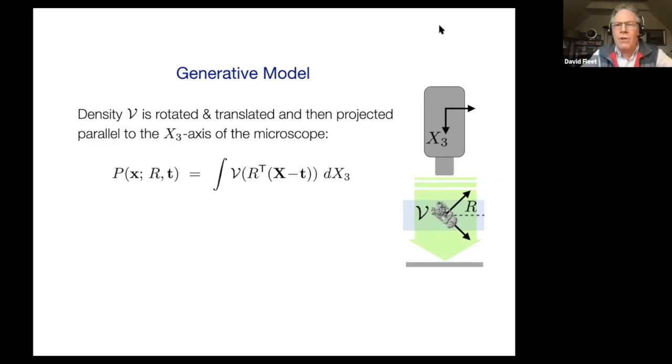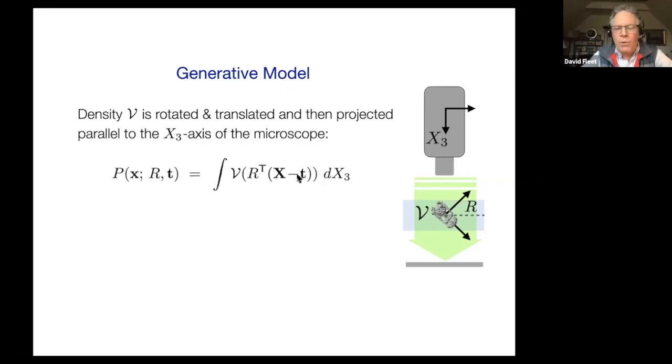So the good news here is that we have a pretty good generative model. What this image shows is that, assume we have a three-dimensional electron density V, and for any given image, this V is rotated and translated with respect to the coordinate frame of the microscope shown here on the right.